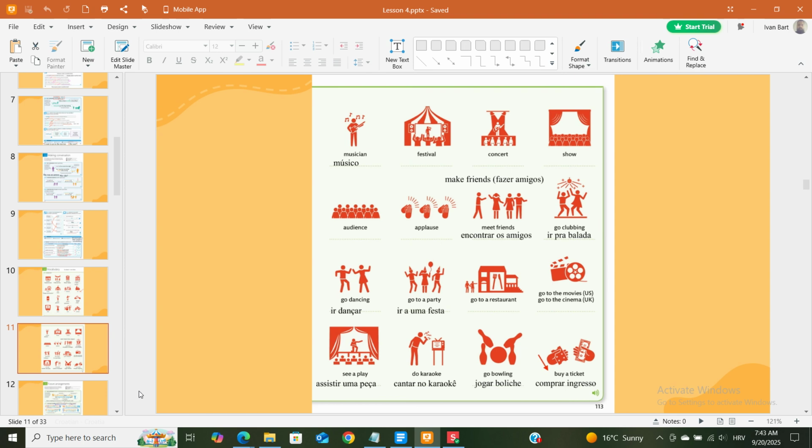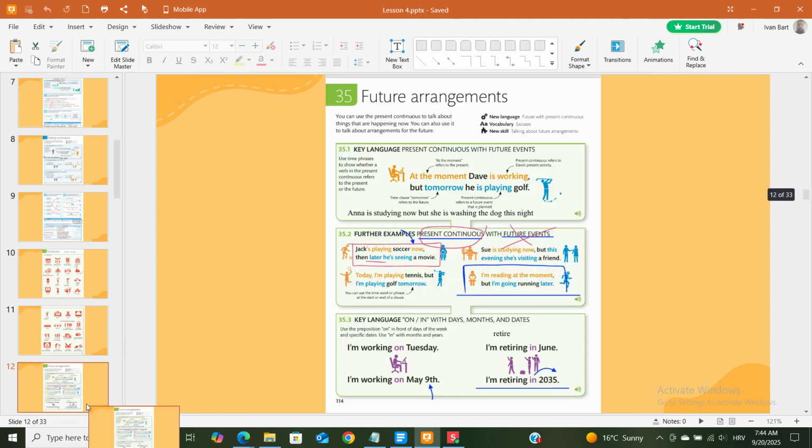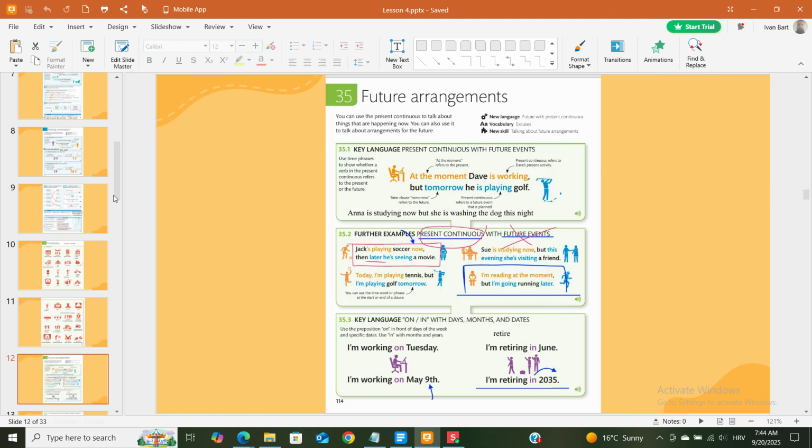Go to a restaurant. Go to the movies (US), go to the cinema (UK). See a play, assistir uma peça. Do karaoke, cantar no karaokê. Go bowling, jogar boliche. Buy a ticket, comprar ingresso.